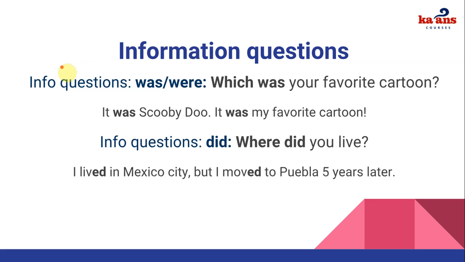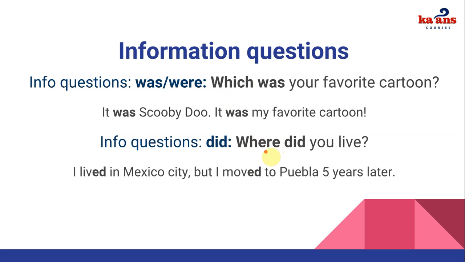So the same, we only have was and were, but as you can see, we have the information question which. Again, this is going to change the context of the question because we are asking for specific types of information. In this case, which, cuáles. In this case, where, dónde.